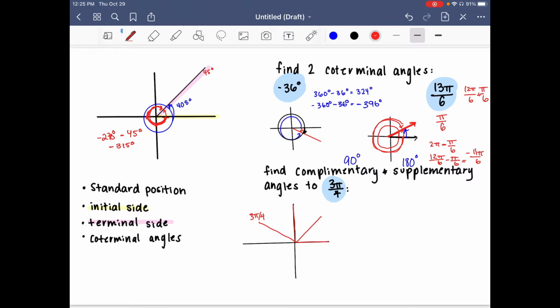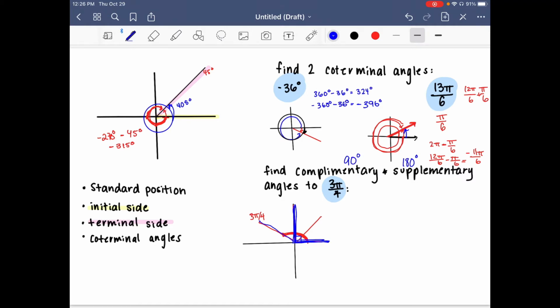Okay, so they're saying with this angle right here, what angle will be complementary to that? So what angle, when added to this, will equal 90 degrees? Now here's the thing. 90 degrees would be this angle right here. So we're already past that. So we're going to have a negative angle here to add in order to get this to equal 90 degrees.